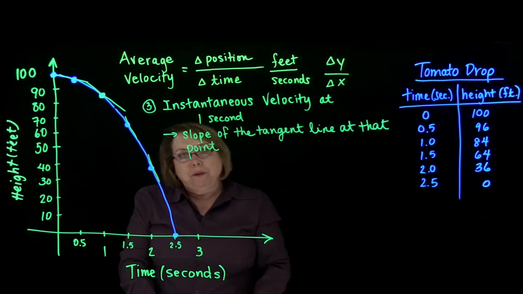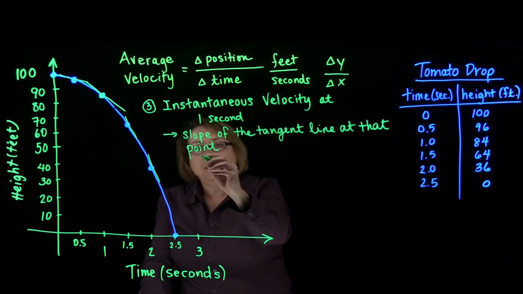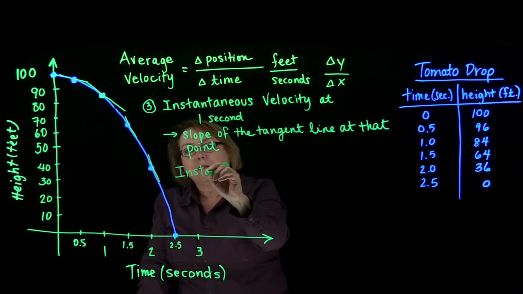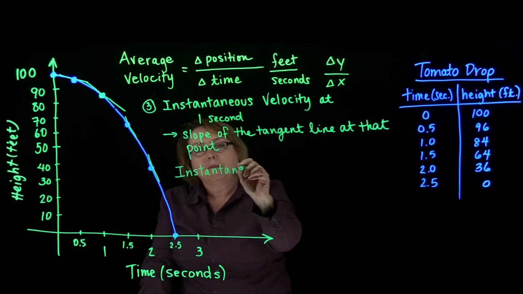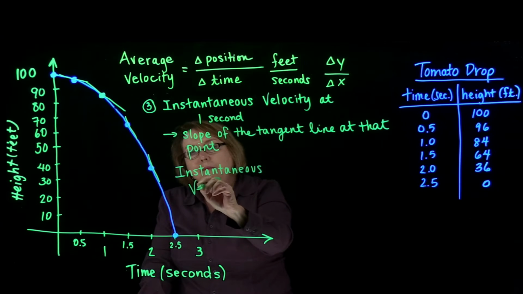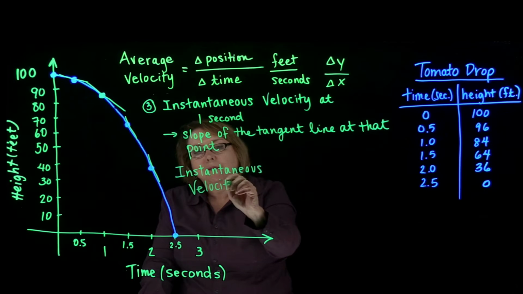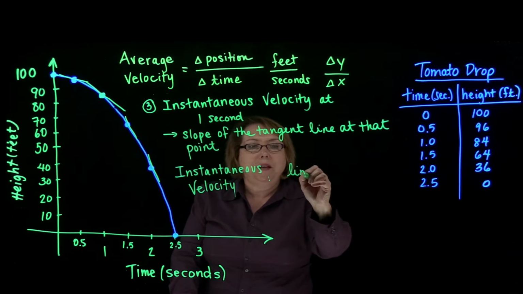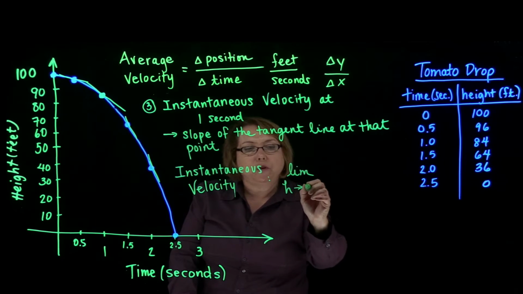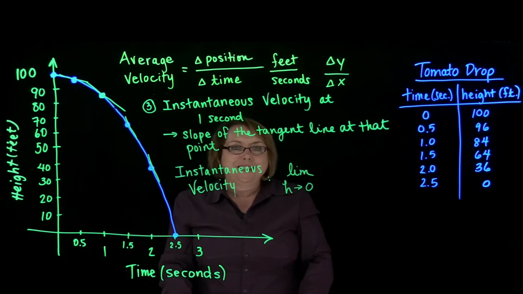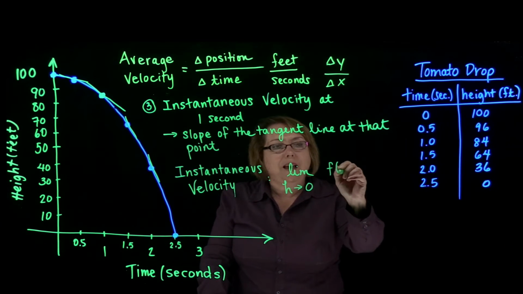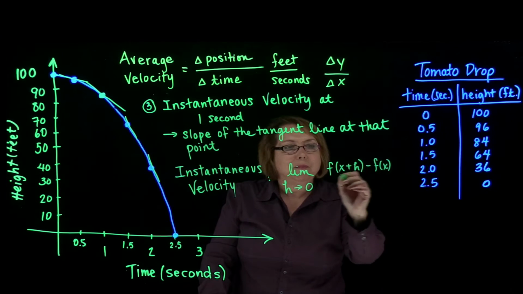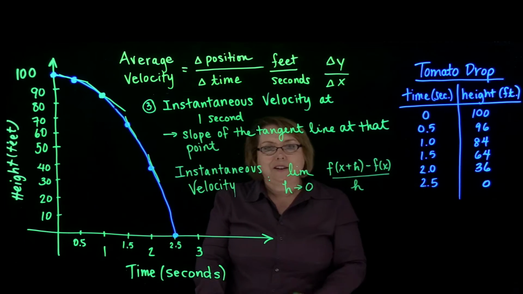So I'm going to use now a little bit of calculus terminology. The instantaneous velocity is defined to be the limit, and I'm going to use a little bit of terminology I haven't talked about yet, as h approaches 0 of f of x plus h minus f of x, divided by h.